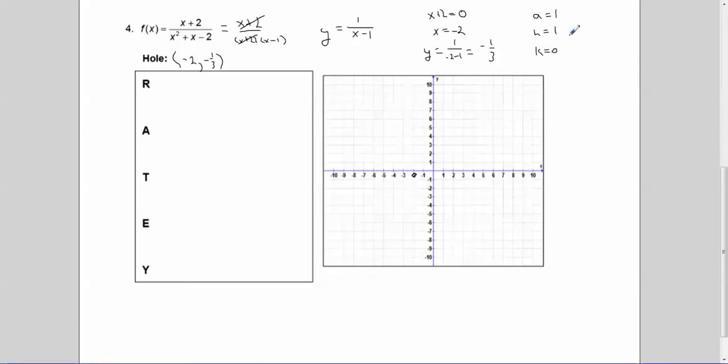So the only transformation is that we are moving right 1. So let's put a point there, moving right 1 from the origin. And remember that that point is the intersection point of our vertical and horizontal asymptotes.